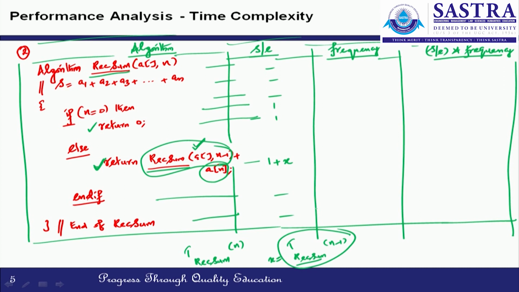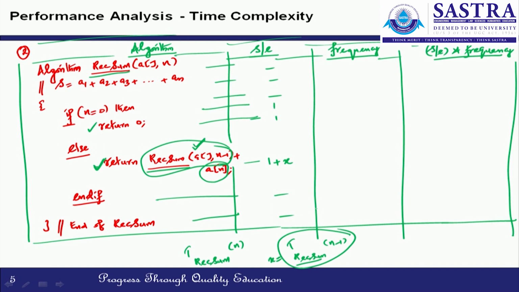Next we need to find the frequency column. To find the frequency column, since an if-else conditional test is there, based on the value of n we need to find the frequency, because when n becomes 0 recursion is terminated. To terminate a recursion, when n becomes 0 the value 0 is returned to the calling place.